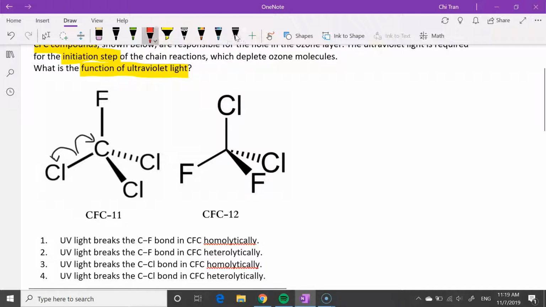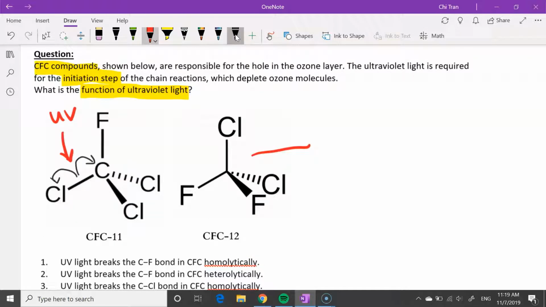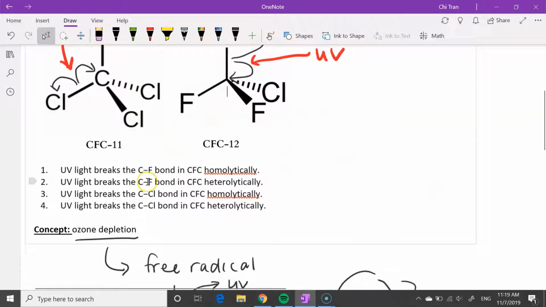So this bond is broken down homolytically with the presence of UV light, and the same thing over here. So the answer to this question is number 3. UV light breaks the carbon chlorine bond in CFC.